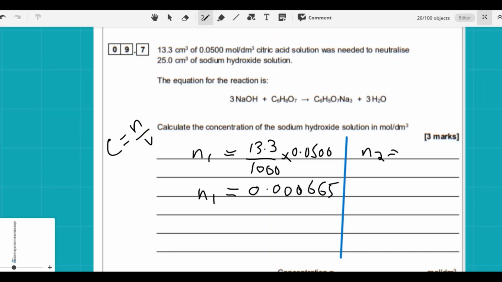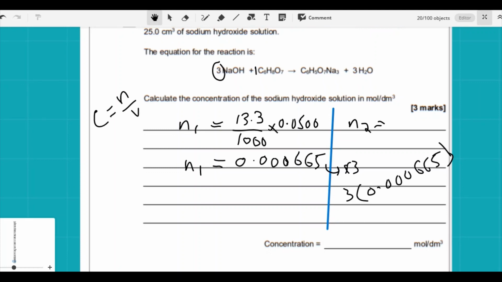Now if we compare the molar ratio, there is 1 and there is 3, so for n2 we multiply by 3. So n2 will equal 3 times 0.000665, which equals 0.001995.